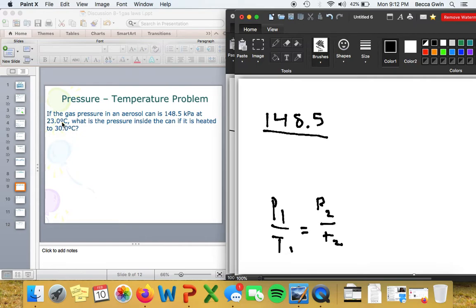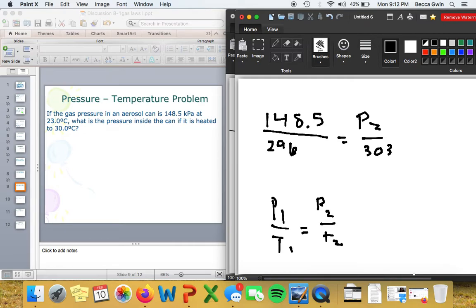That's at 23 degrees Celsius. I'm going to add 273 onto that to get a Kelvin value of 296. And I am looking for the new pressure, P2, once I heat that can up. When I heat that can up 7 degrees, now I'm sitting at about 303 degrees Kelvin.